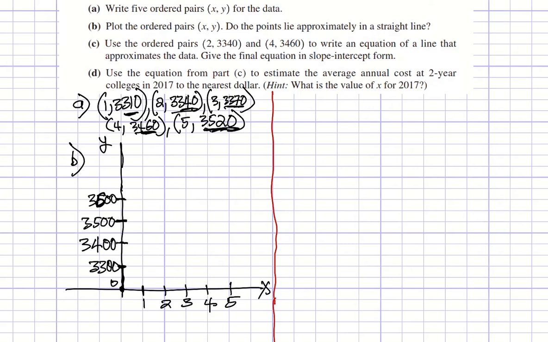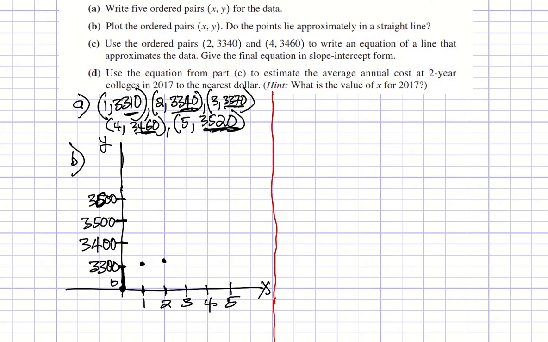So what is the first point? The first point is 1 here, and then 3310. Since each from here to here is 100, it should be over here. Maybe somewhere over here. The second point is 3340, somewhere over here.